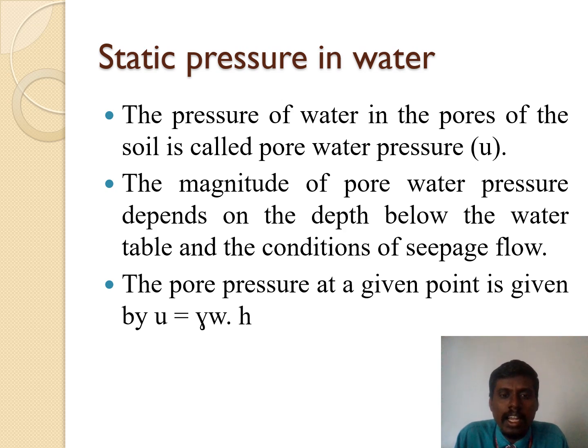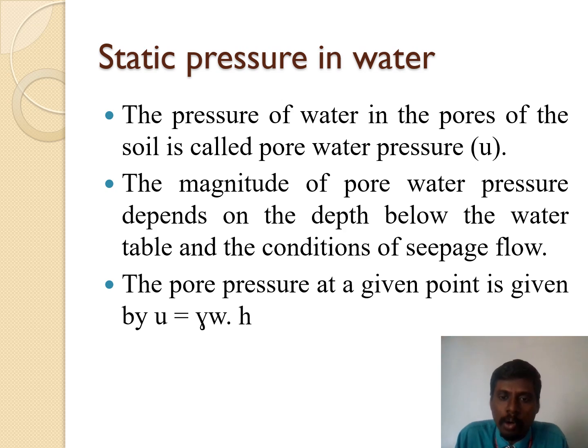So this is a major concept of the pressure. Initially we have to know about the pore water pressure. The name itself clearly denotes pore water pressure: the stress or pressure induced by the water in the pores of the soil particles.